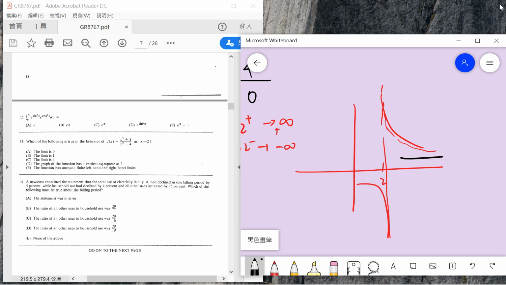So when x goes to infinity, the numerator is a third degree polynomial and the denominator is quadratic. So basically when x goes to infinity, this term will go to infinity. And as x goes to negative infinity, this term will go to negative infinity. So E is also false. So the answer is D.